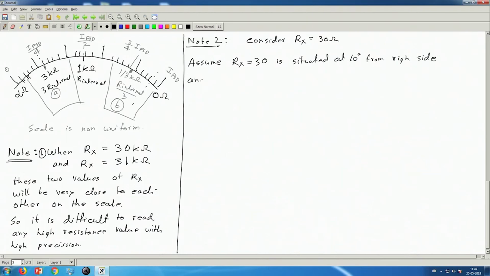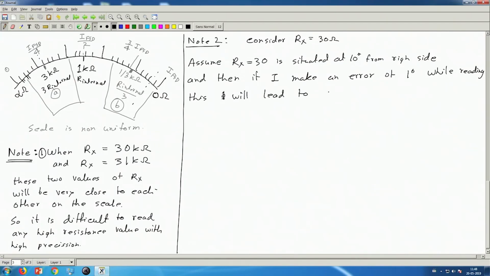and then if I make an error of, say, 1 degree while reading or noting the value of the pointer, then this will lead to, so this is like 1 degree out of 10 degrees.